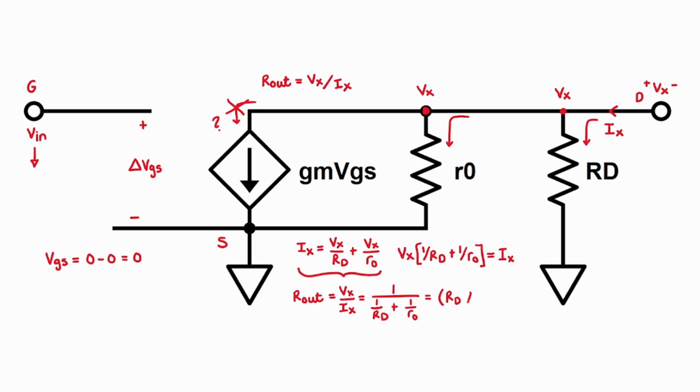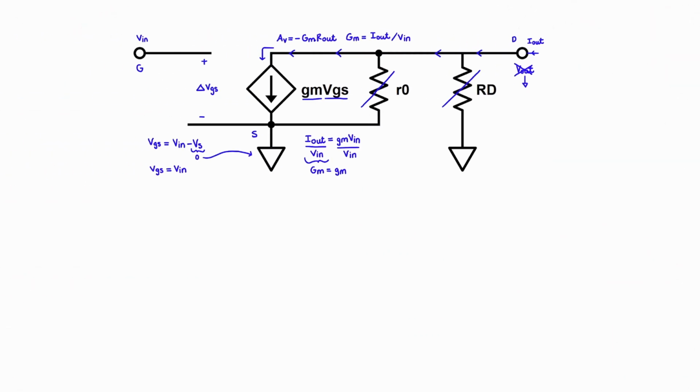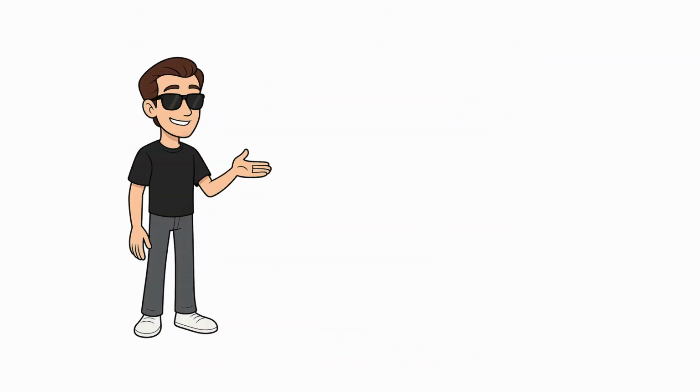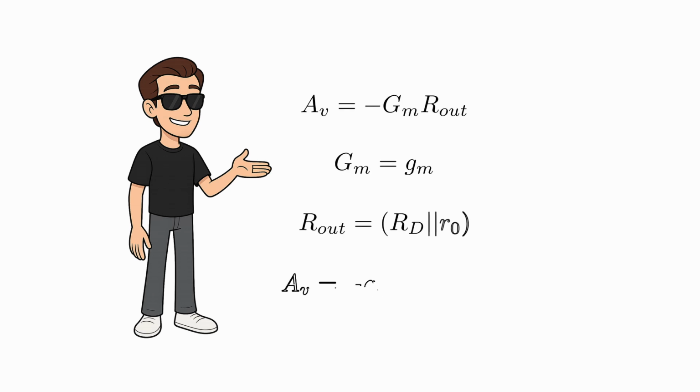This resistance can be condensed, and we can say that the output resistance is just equal to RD in parallel with RO. So now that we've solved for big Gm and Rout, we can put these terms into our gain equation to find our gain. The gain of a common source amplifier is negative Gm times RD in parallel with RO.